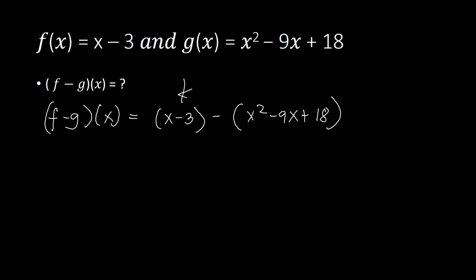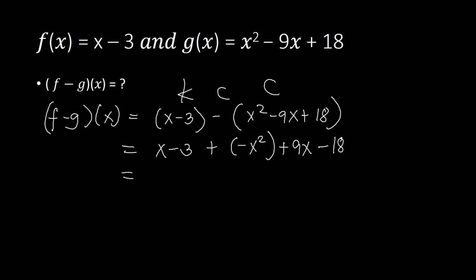So we do our KCC. We do keep, so x minus 3. We do change to plus, then we change whatever sign we've seen here into its opposite sign. So positive x squared should be negative x squared. This is minus 9x, so that should be plus 9x. This is plus 18, so that should be minus 18.